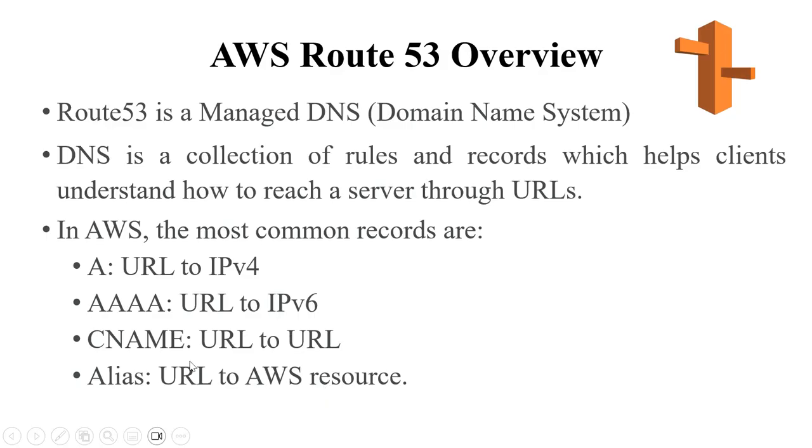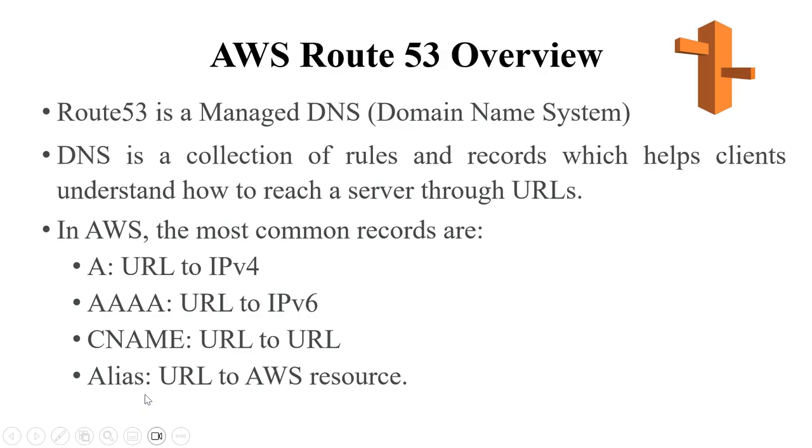Then the recommended record type to create is Alias: a URL mapping to an AWS resource, URL mapping to an IPv4 address, URL mapping to an IPv6 address, or URL to another URL, or URL to an AWS resource.